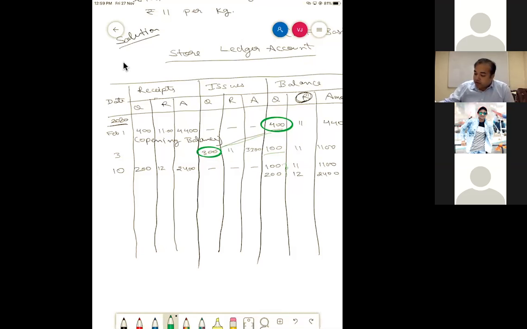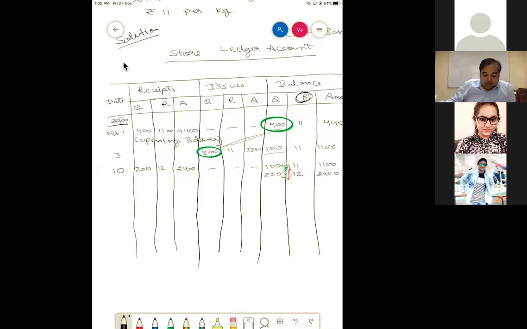So what we are doing, we are clubbing these two. Clear? You make one, the thing shown in red, you club it. So you make curly brackets, so that you know that both are on the same date, 10th February.